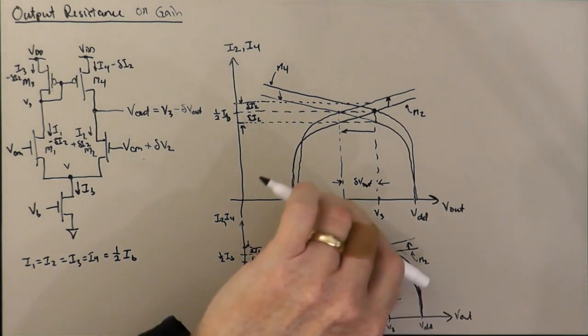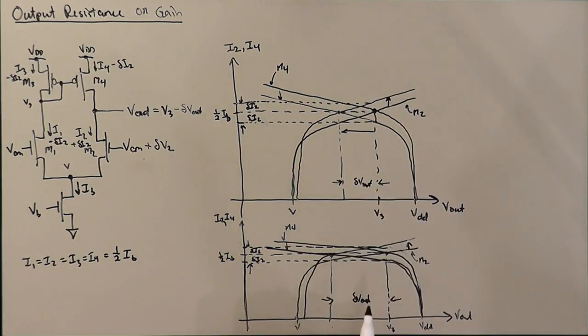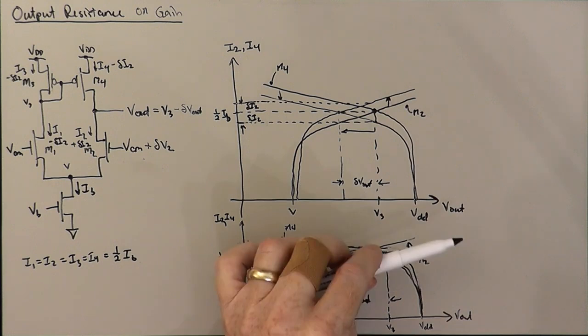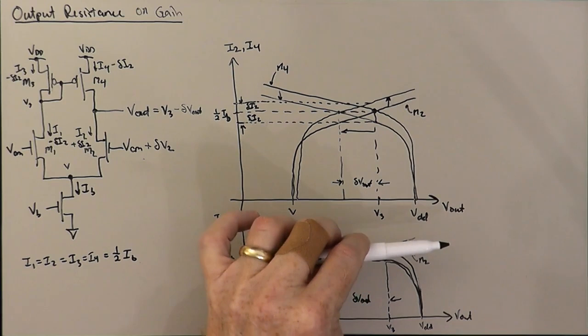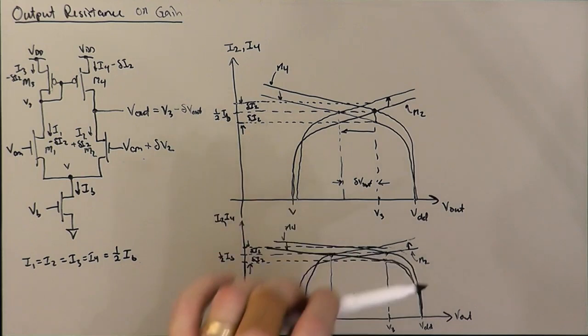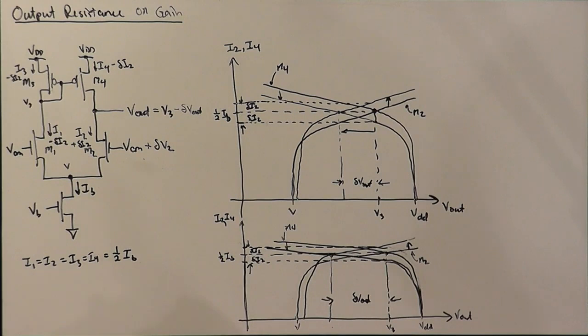And if they were steeper, the amount by which the output has to change is going to be much less. And so the slope of this output characteristic is just 1 over the early effect resistance.